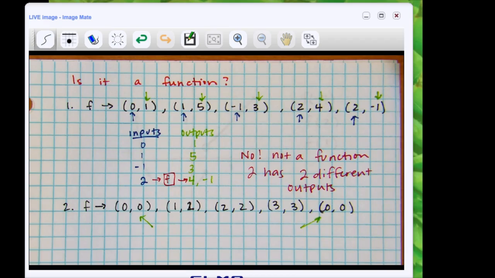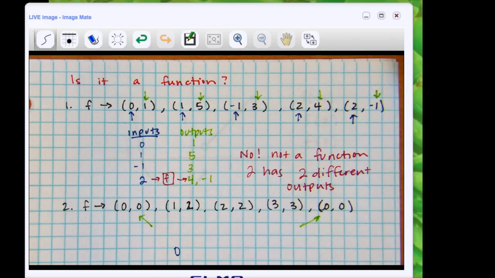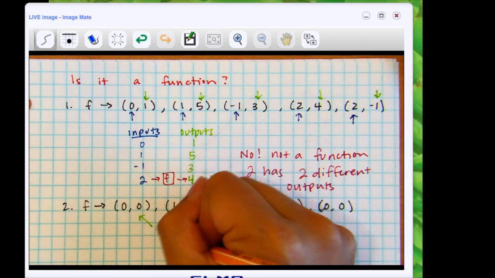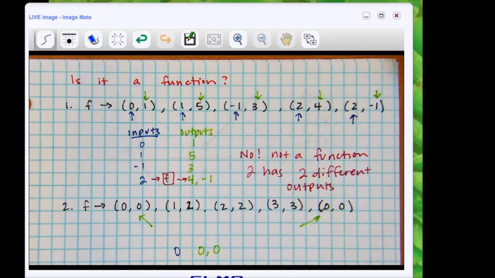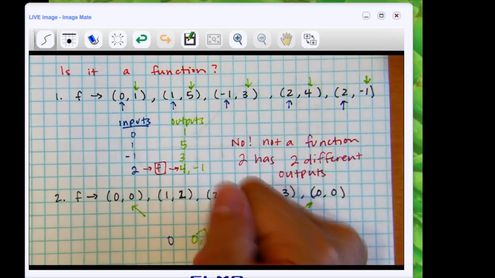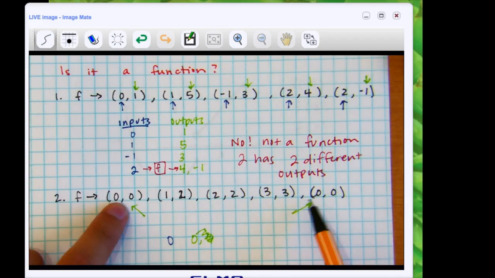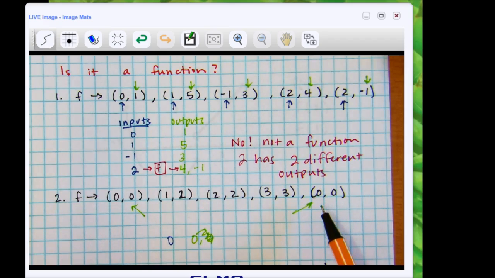So if I were to list out my inputs and outputs, I've got 0 as an input, and then I have 0 as an output 2 times. But because these are the same number, I could really just list it once, and it would still be considered a function. So just because a coordinate happens more than one time doesn't discount this as a function. So this is a function, or this set of points is a function.